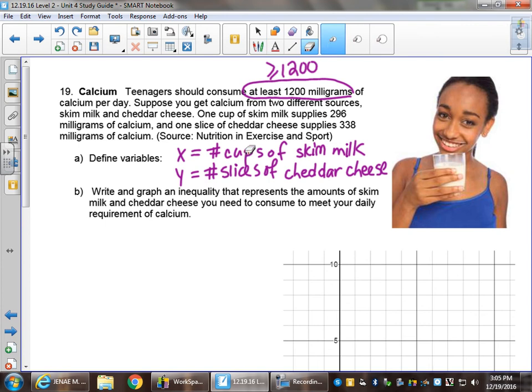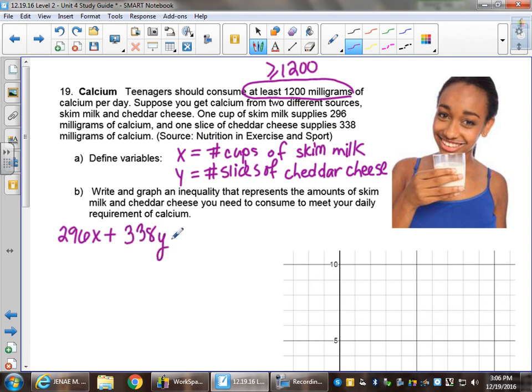So how are we going to put together our inequality? We know information about how much you get from a cup of skim milk, the calcium, right? 296. So 296x plus how much calcium do you get from cheese? 338 milligrams per slice, so plus 338y at least greater than or equal to 1,200.